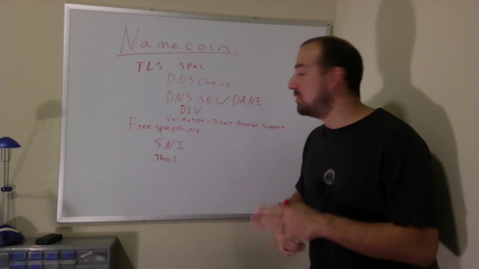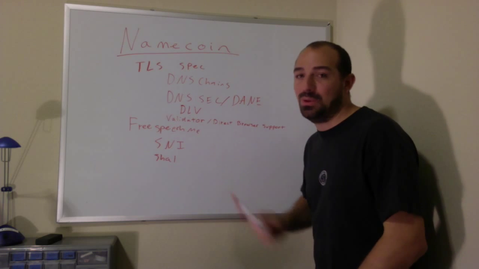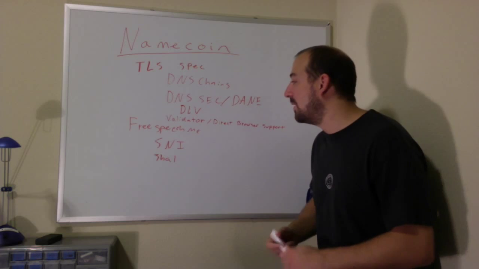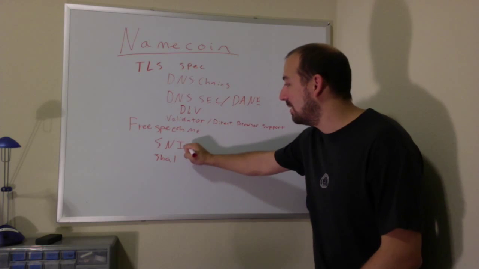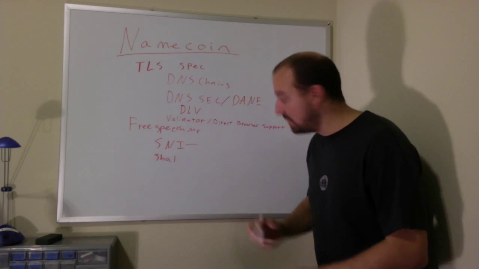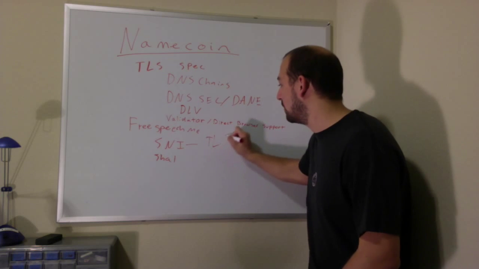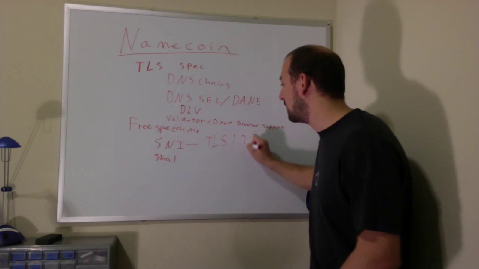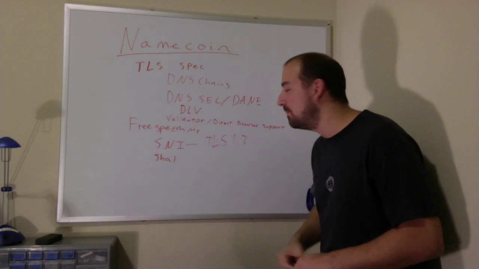Still doesn't work. This should be super simple, and I can't get it to work. And I finally realized the reason it's not working is SNI, server name indication. This is part of, I'm doing this off the top of my head, I believe TLS 1.2 is the spec.